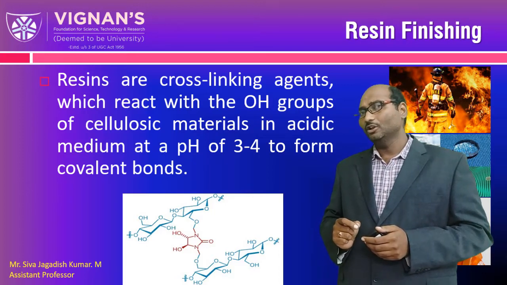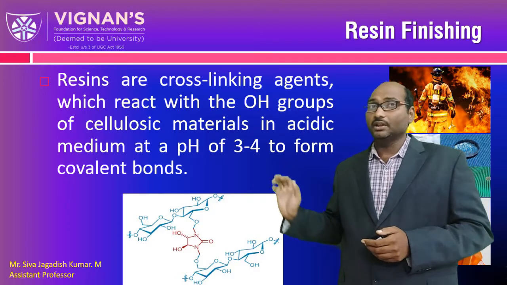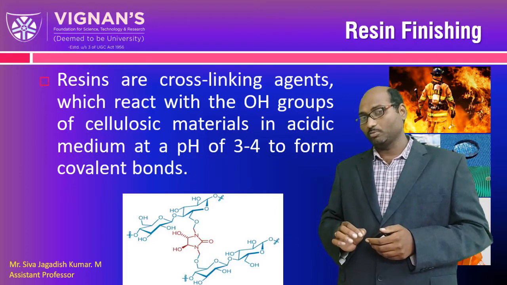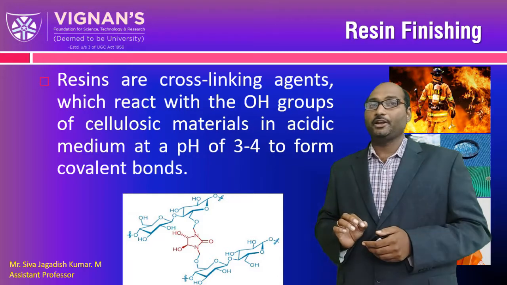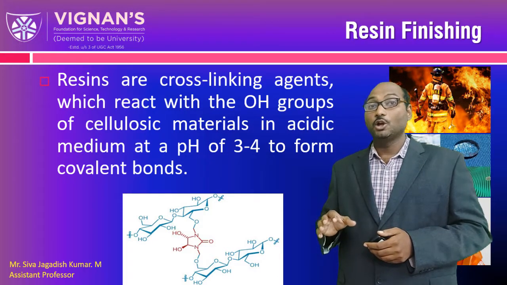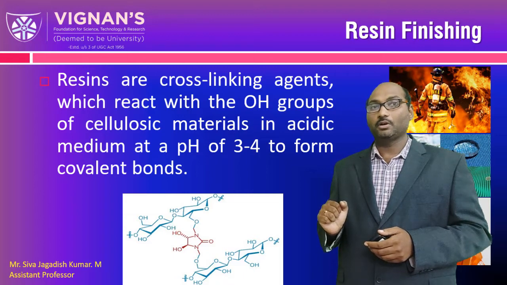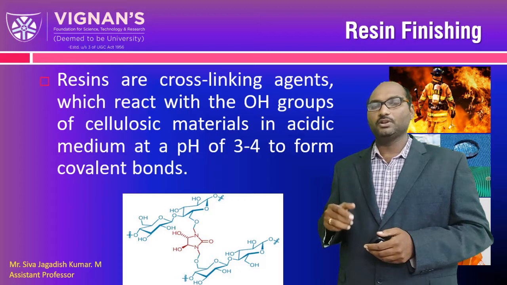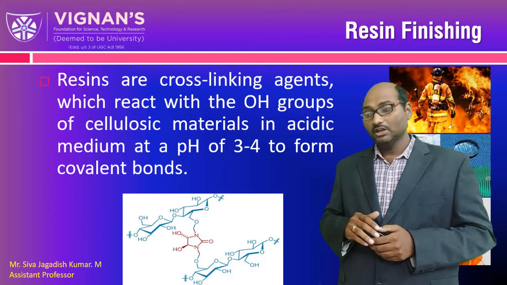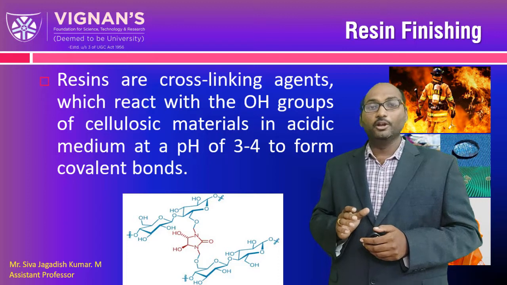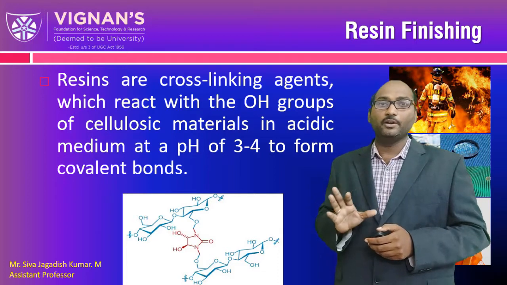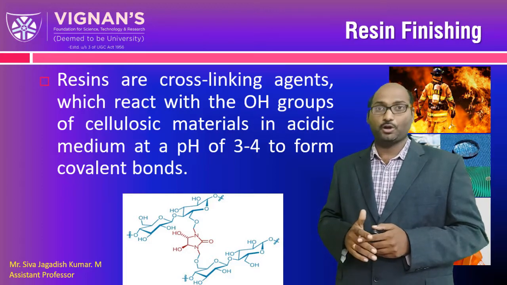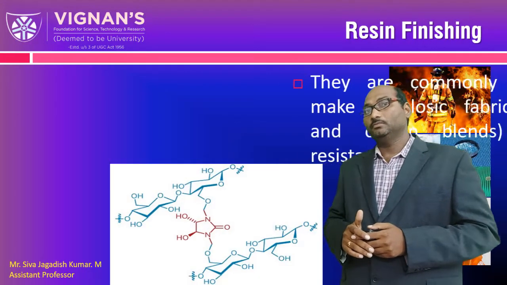Basically, the resins are cross-linking agents which react with the OH groups of cellulose materials in an acidic medium at a pH of 3 to 4 to form a covalent bond. A covalent bond is a stronger bond, so it will remain for a good number of washes. It is not a permanent bond, but chemically it is stronger.